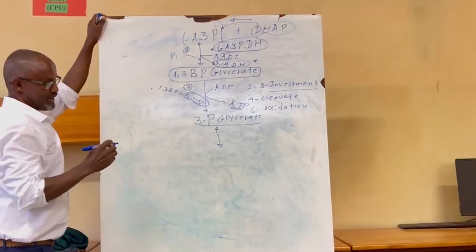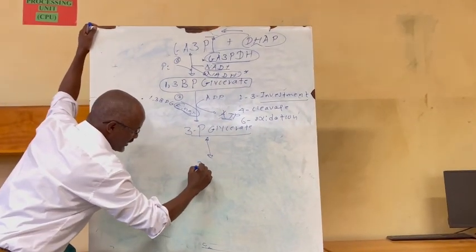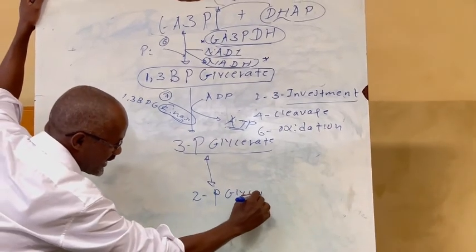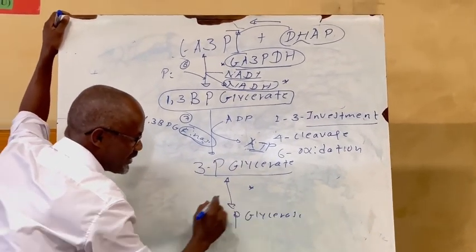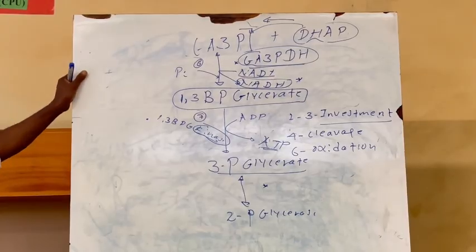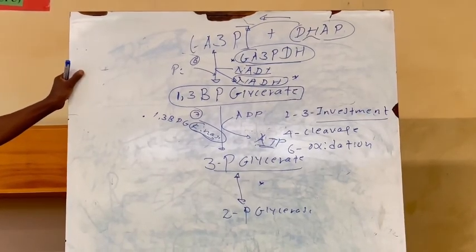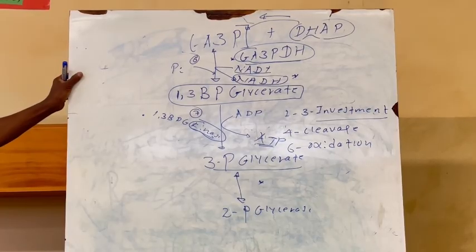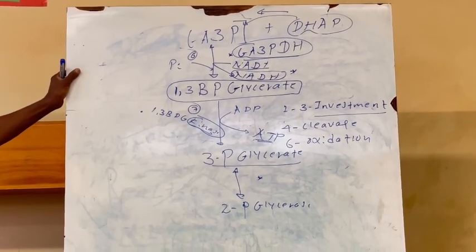That reaction is mutation to 2-phosphoglycerate. And the enzyme is not that much important because it picks the phosphate from carbon number 3 and puts it in carbon number 2, mutations.